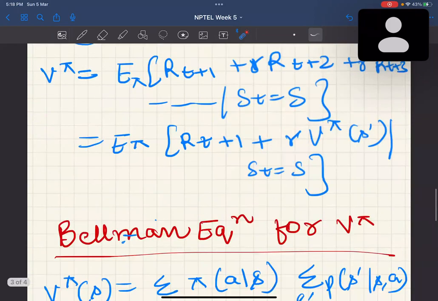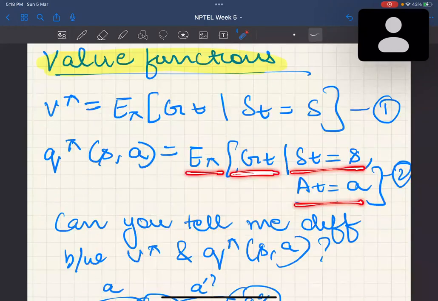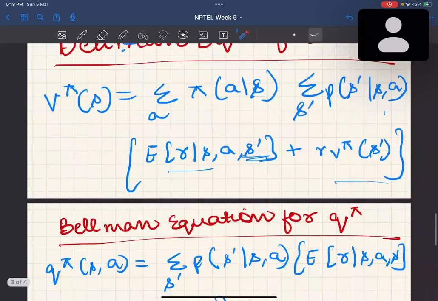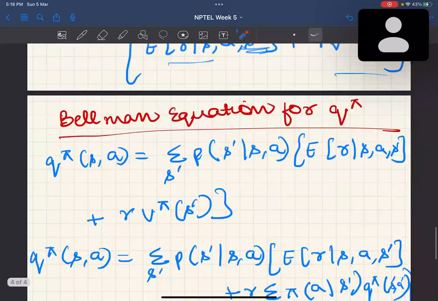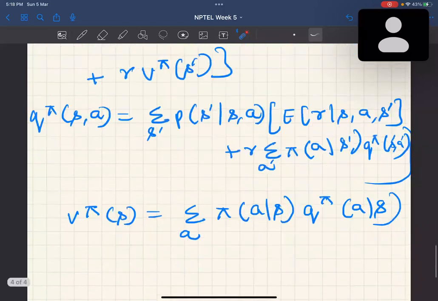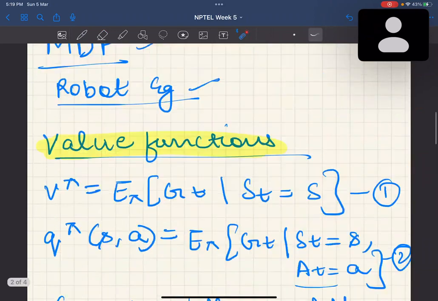What is Q pi? It is the expectation of the return given S and A. What is V pi? Again, I'm explaining, the expectation of the return given only S. Now, this Q pi of A given S, wait a second, I think it should be Q pi of S, A. This Q pi is given to us.